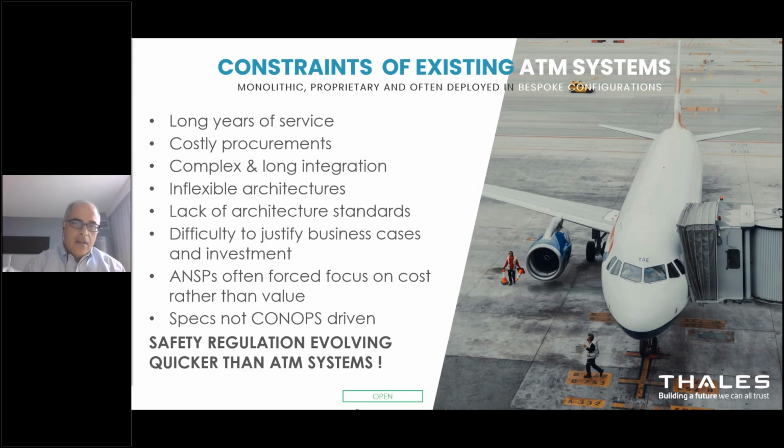And so when we think about the air traffic management systems, these are systems that are largely monolithic, proprietary, and often in very specialized and bespoke configurations built for a particular air navigation service provider, for a particular country or airspace. And we're a provider of these systems, and we'll be the first to acknowledge that they don't migrate and evolve very quickly. And a lot of that is by design.